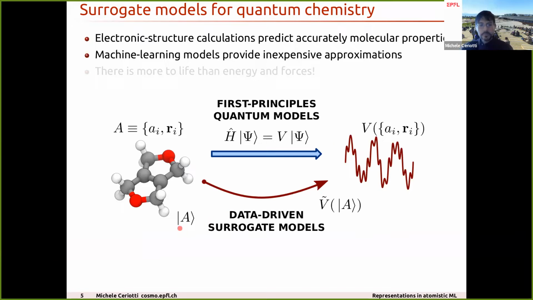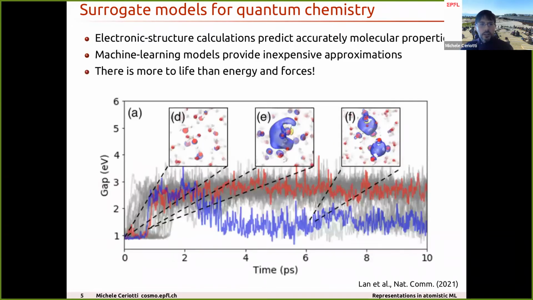Now, something that I will touch upon is the fact that even though the interatomic potential, so the stability of a molecule or a material, is one of the central properties to look for, given that it's what will determine which configuration is more stable and therefore likely to be observed in an experiment, there are other properties that are very useful to know.